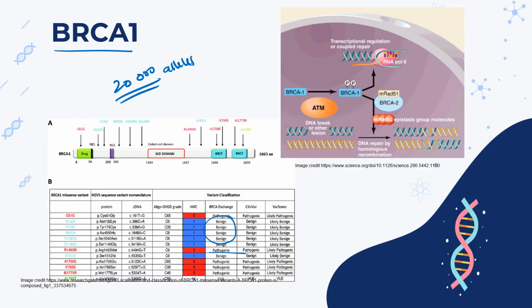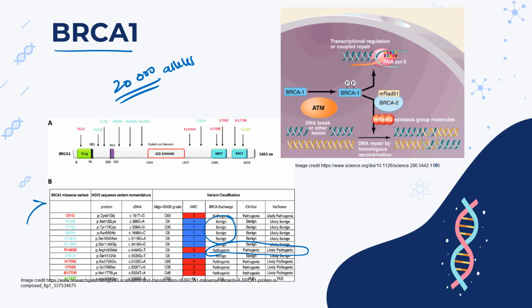Some of them are quite pathogenic, and so we're far more worried about the likelihood of cancer if people have that particular mutation. So people with histories of breast cancer or other kinds of cancer in their family might have their BRCA1 gene sequenced so that we can figure out what allele they have so that we can determine their risk of cancer. So interesting.